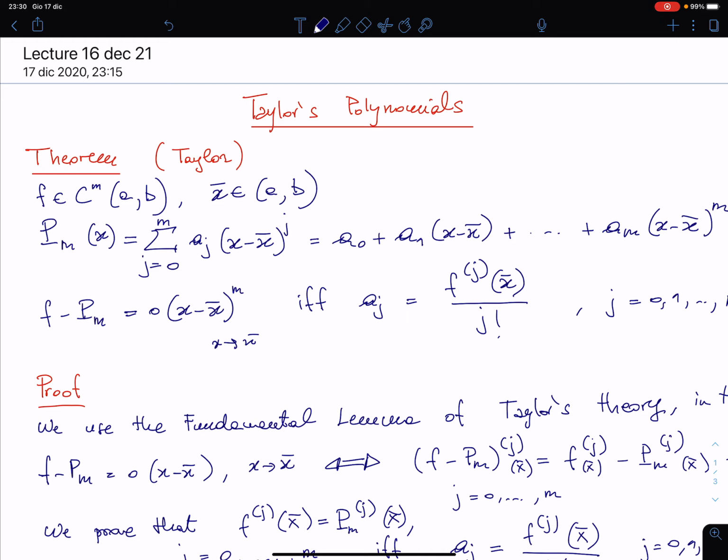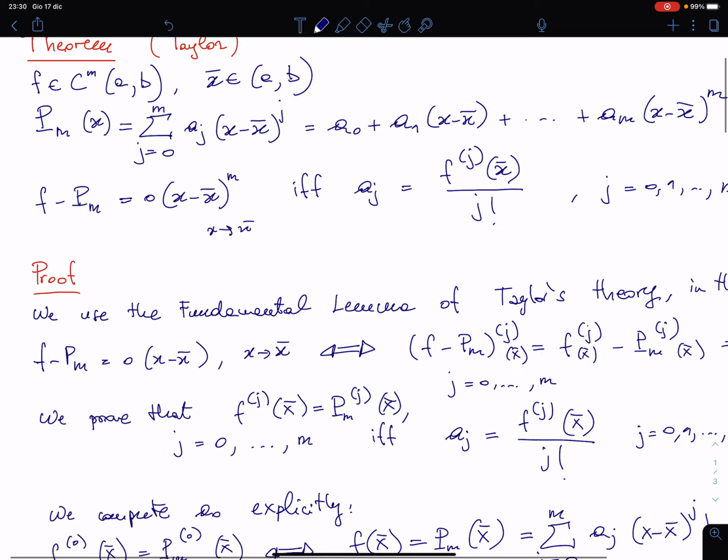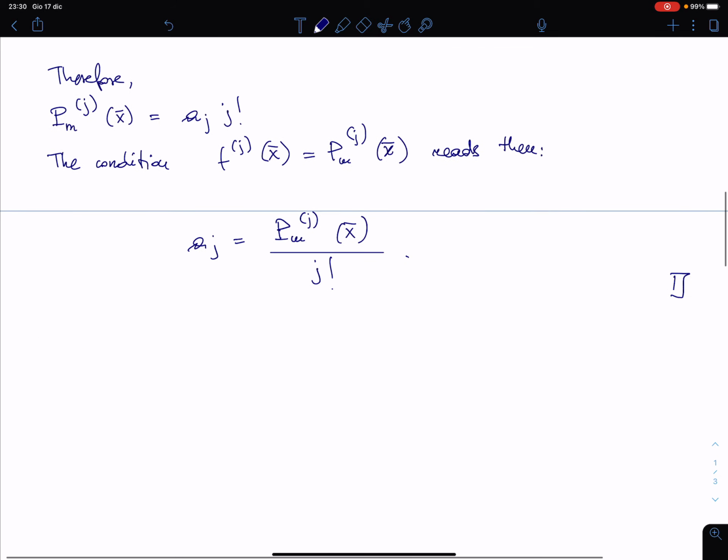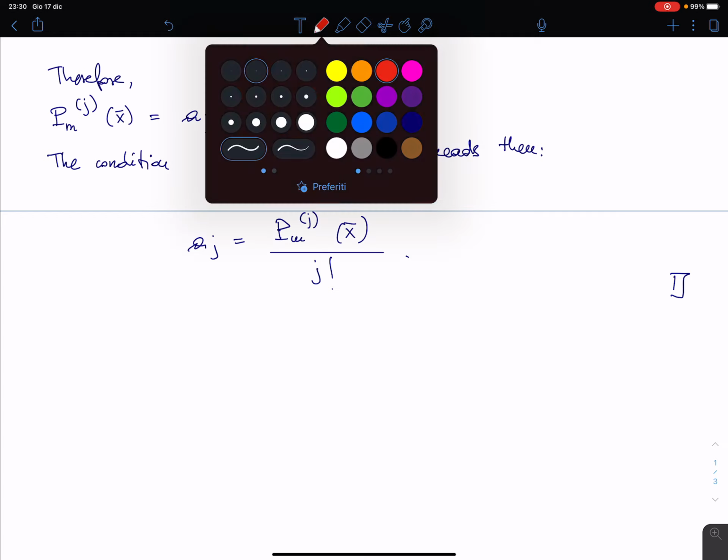Okay, and now we can also consider other functions, other examples than those I proposed in the last lectures.